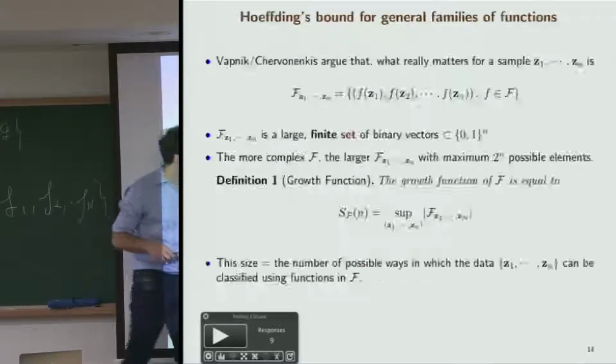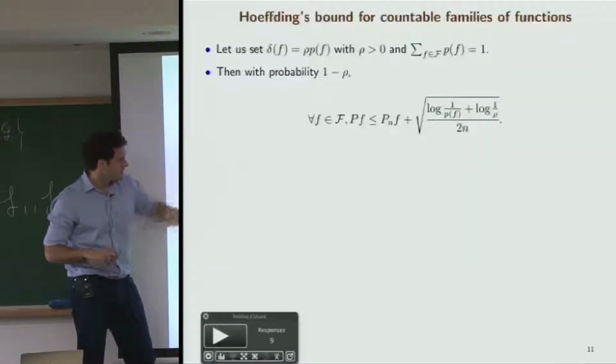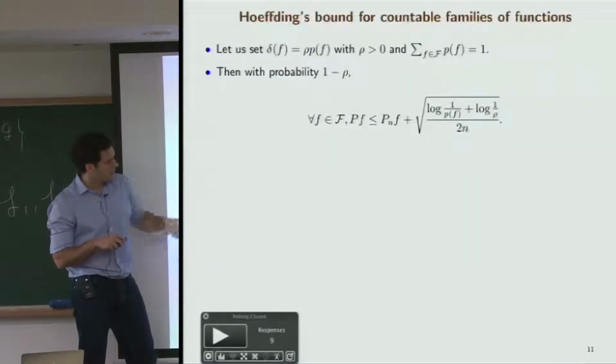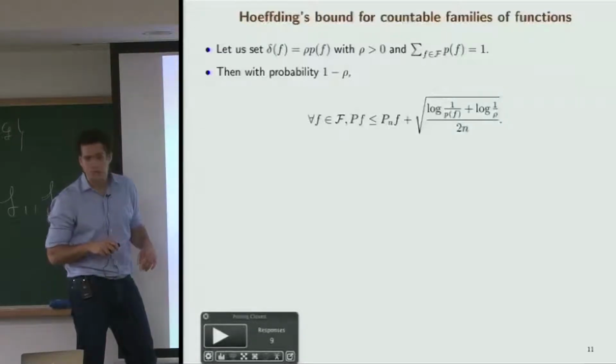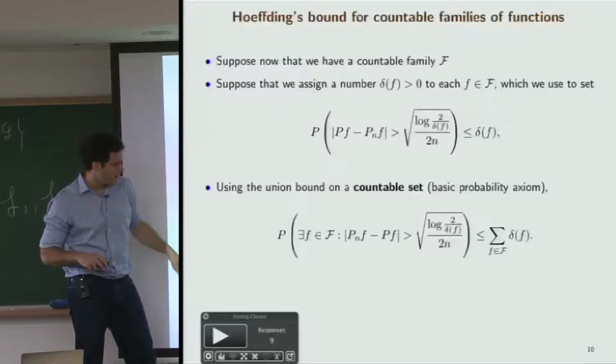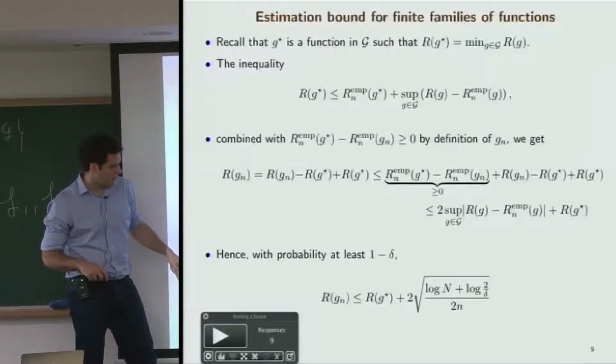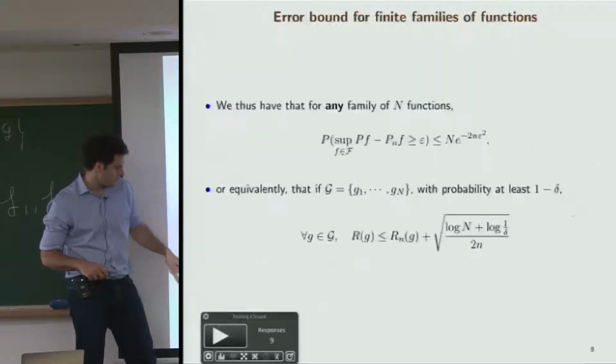Well, if you look at what we had before, we had this kind of formula with a bound on the square root and the log of 1 over p of f, or the square root and a log of n here. Okay? Sorry, it's this one that I want to show: log of n plus log of 1 over delta.